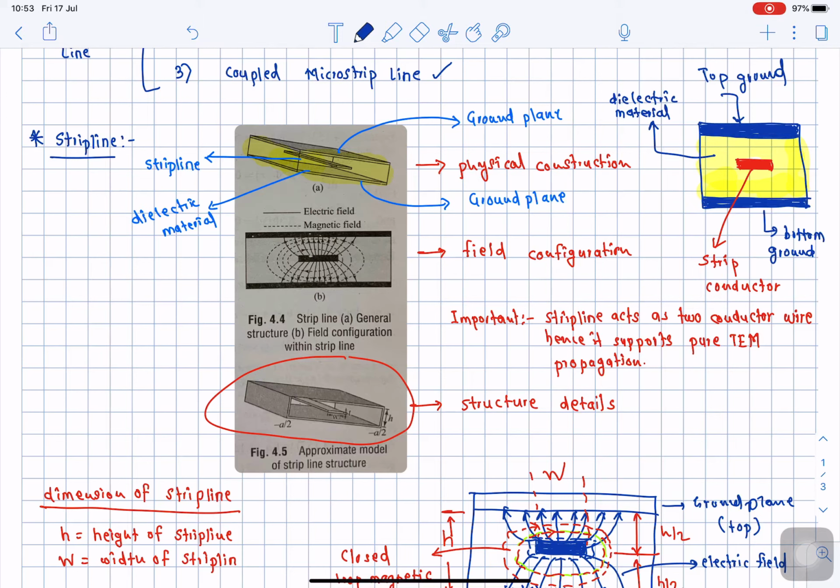The same kind of propagation will take place with this type of transmission line. Actually this is a planar transmission line, and these transmission lines are preferred for constructing the transmission line on printed circuit boards.